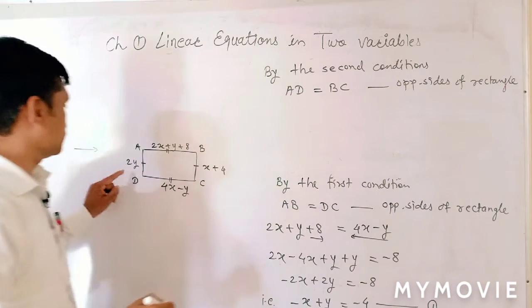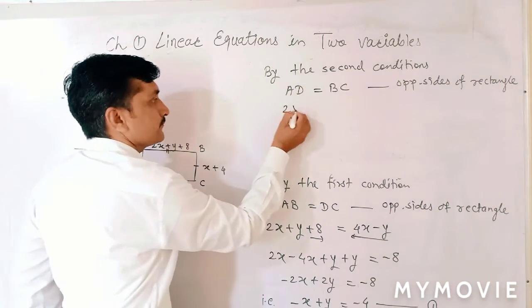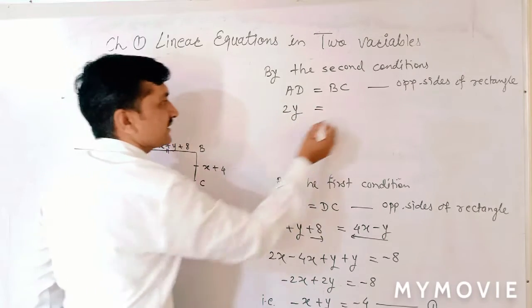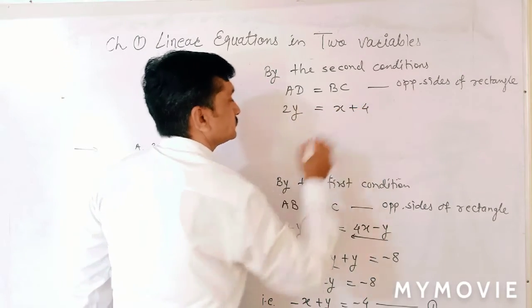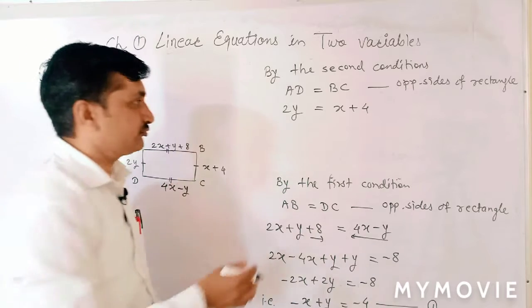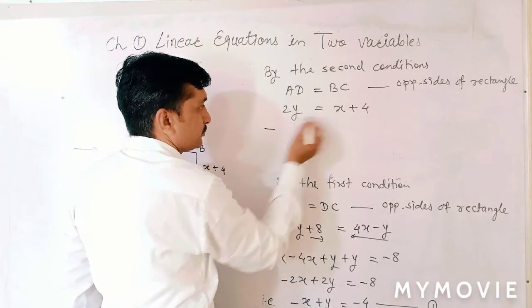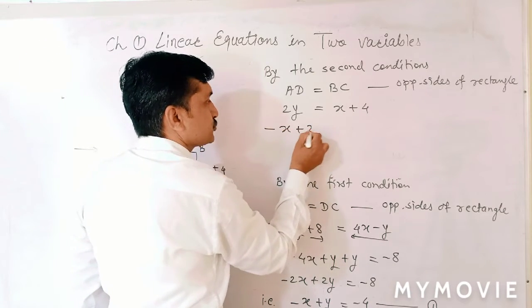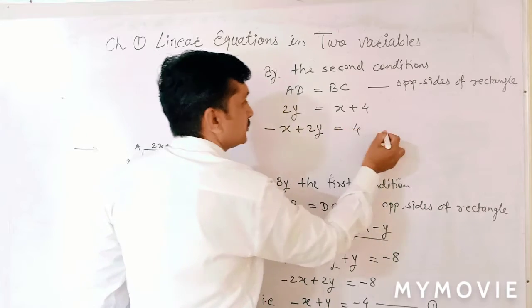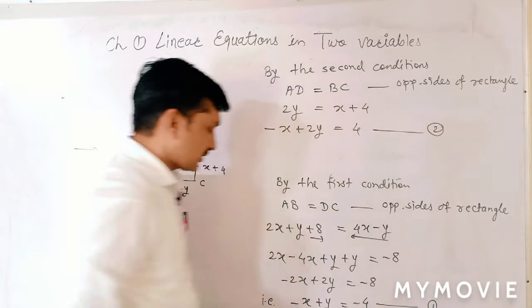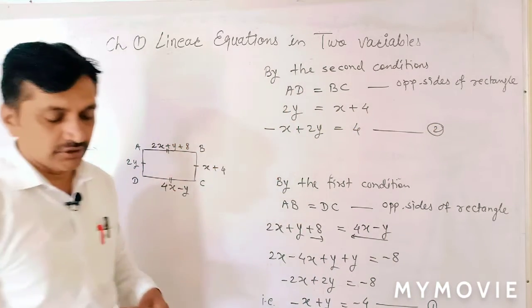Now their values. AD is 2y is equal to BC, x plus 4. Now again transfer: bring minus x here, minus x plus 2y is equal to 4. This is equation number 2.